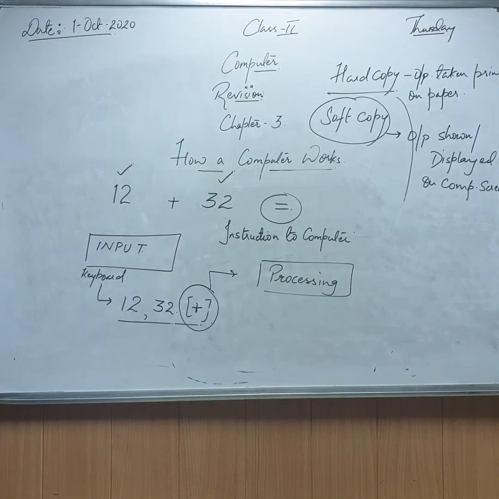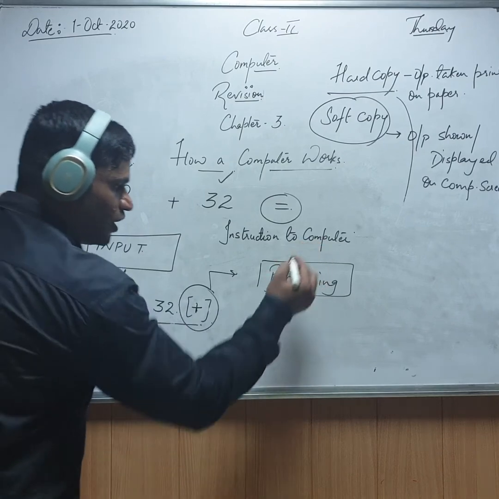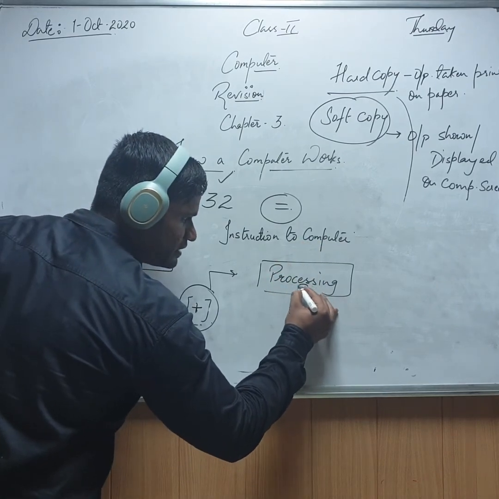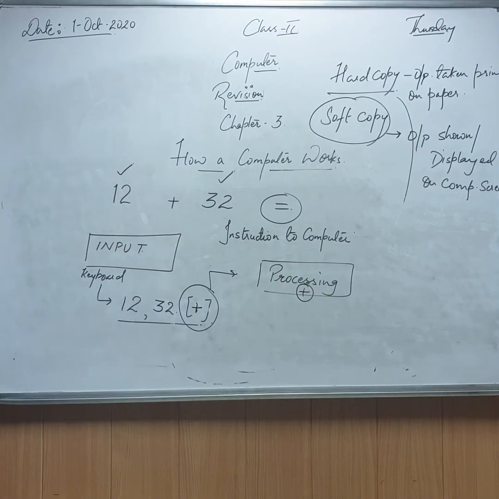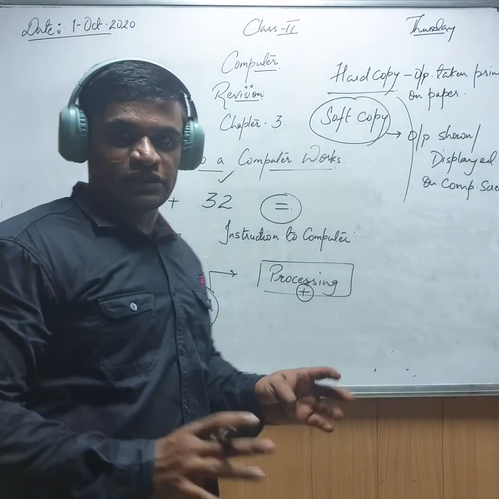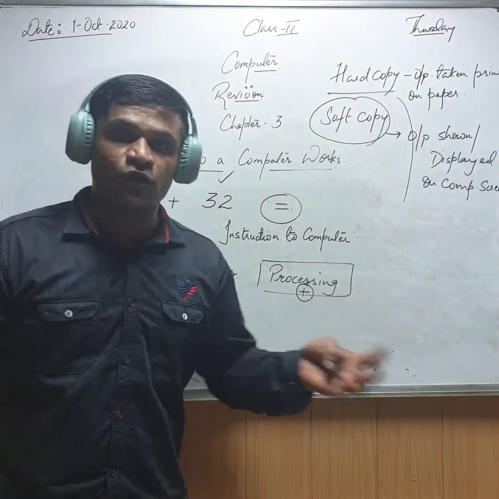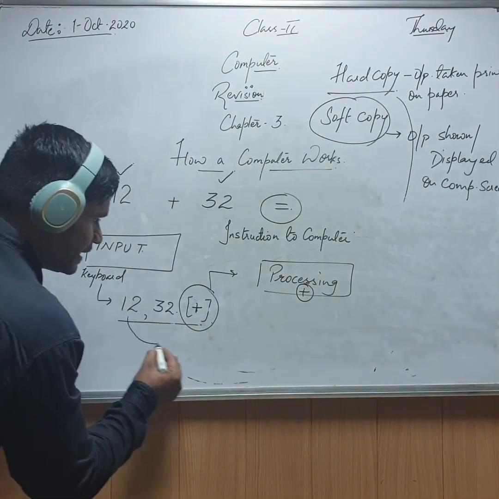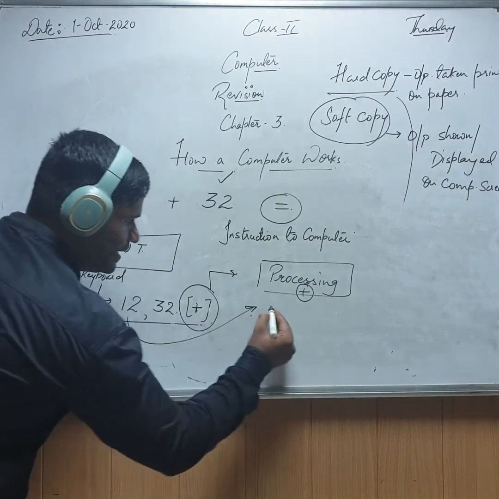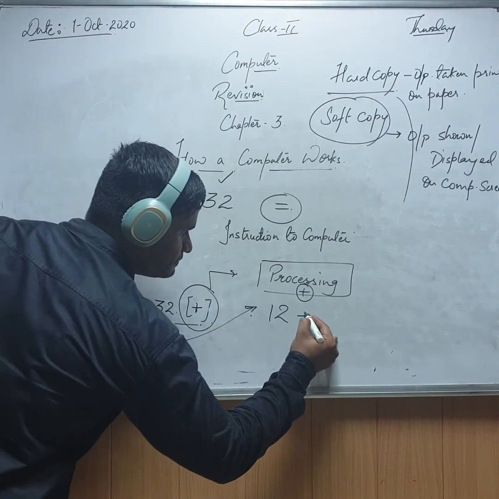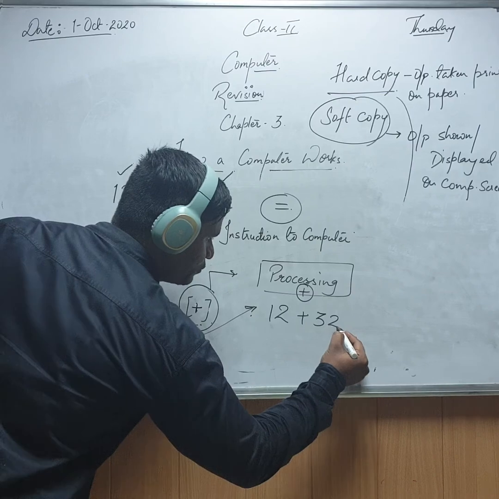Now the computer's processor, that is the CPU, what will he do? He will take the instruction first, that is, we have to add. So the processor has understood what processing or what action he has to take. He has to add. Add what? The inputs which are given by the user. So he has to add 12 and 32.